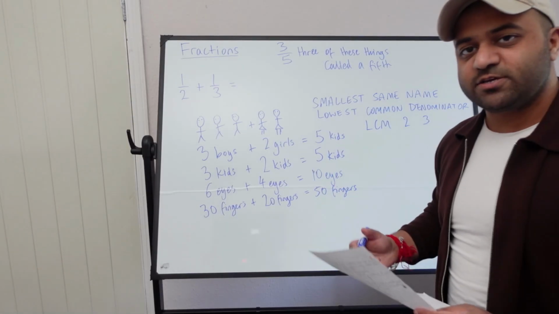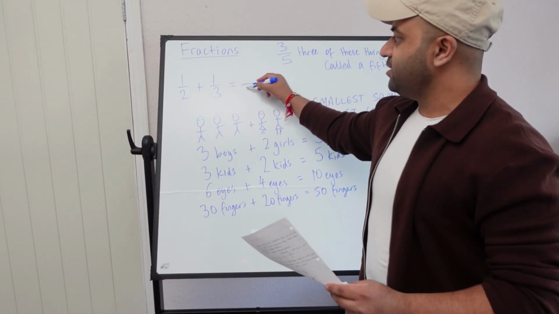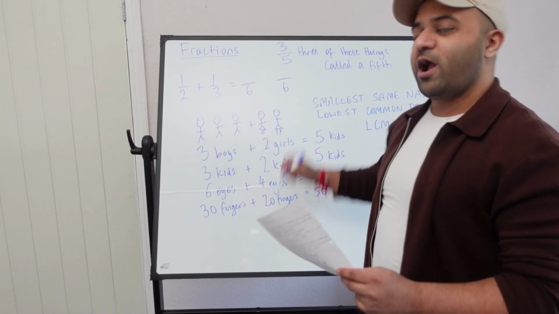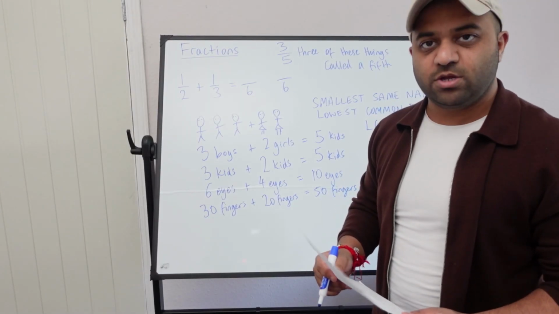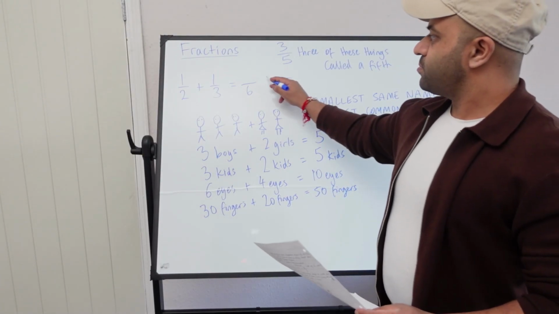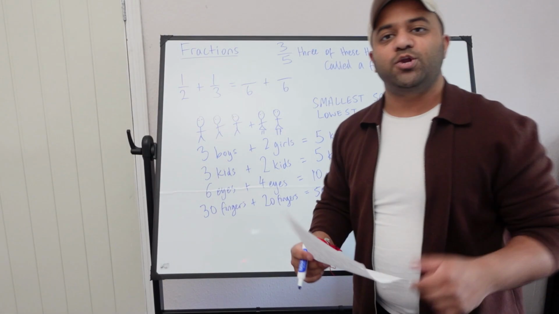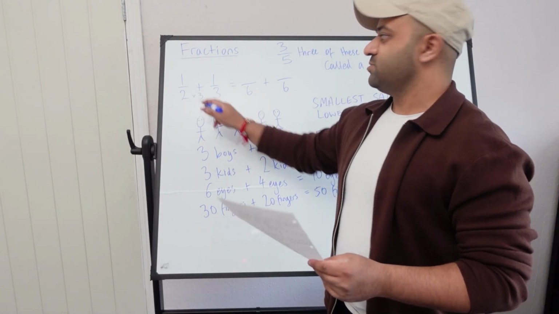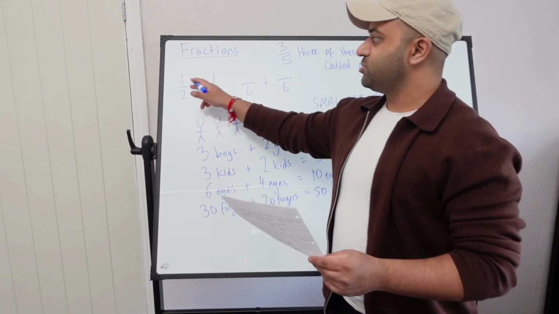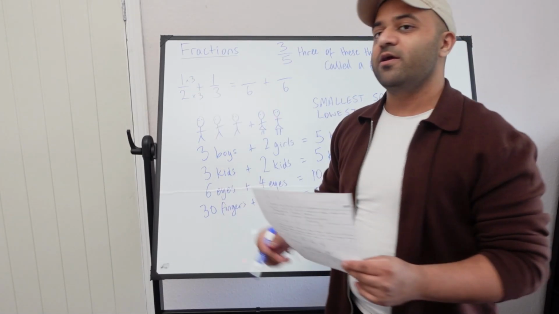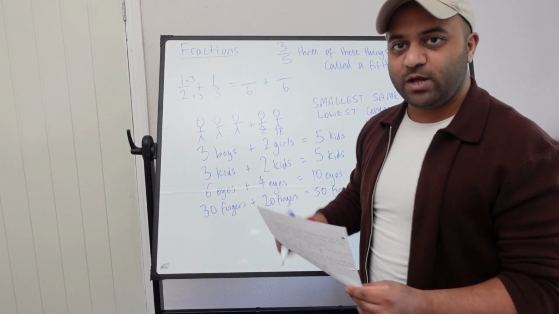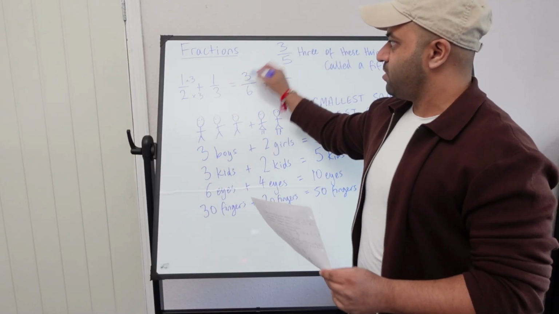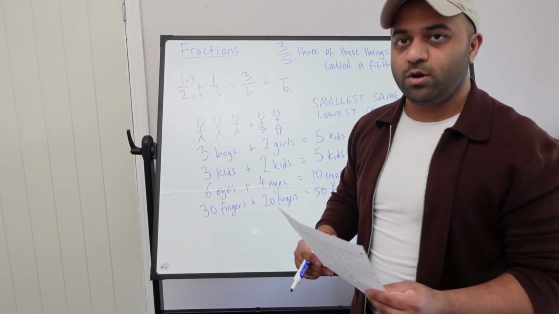That would be 6. So we can rewrite both fractions with a 6 on the bottom. And so how do we do that? Well, 2 multiplied by 3 gives us 6, and we also want to multiply that numerator by 3 as well to give us the 3/6, which is equivalent to 1/2.